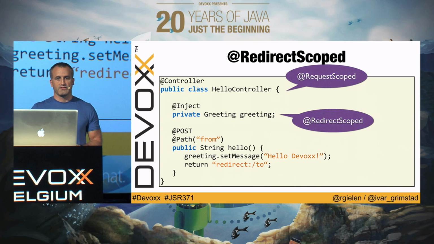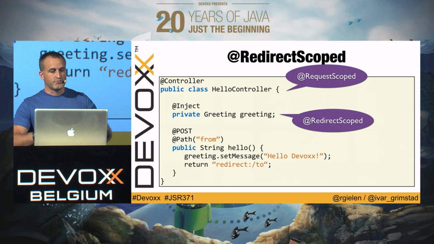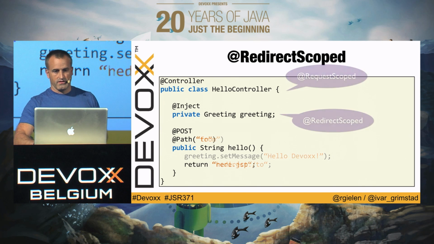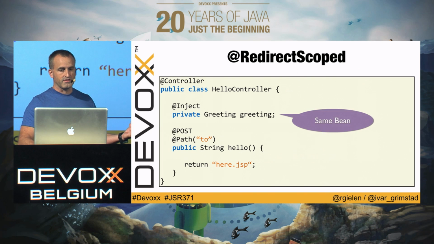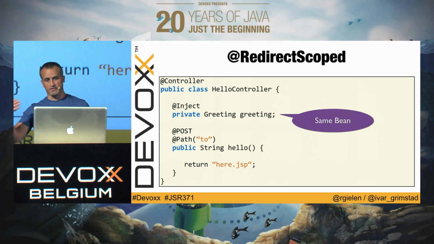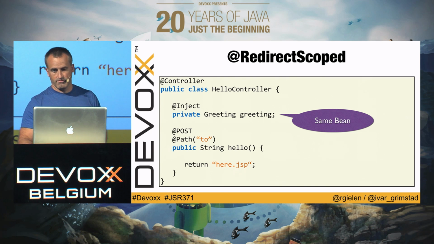So that means that when I post to the from method, and I'm redirected to the to method, I come in here in the controller for the to method, and it's the same bean, and I can access the same message. So the content is kept for post redirect get, and that's what redirect scope is about.